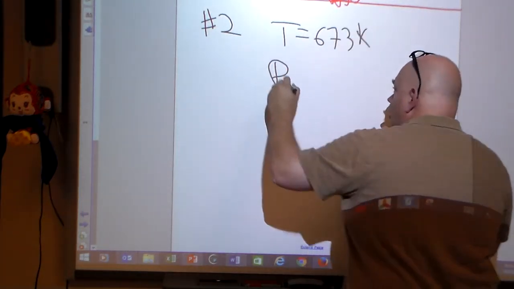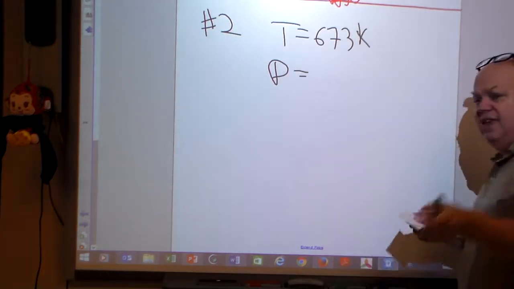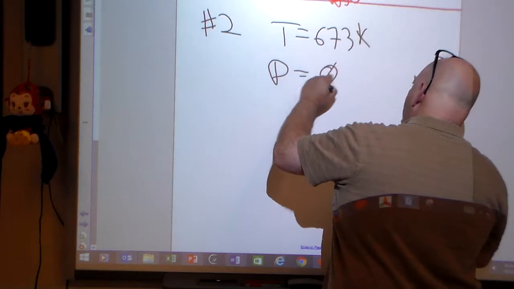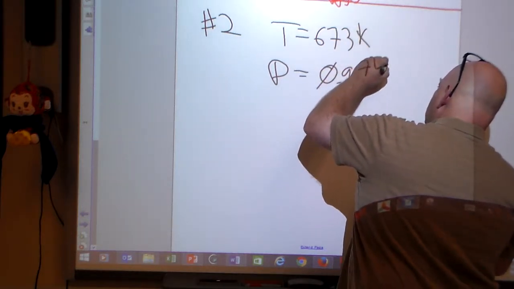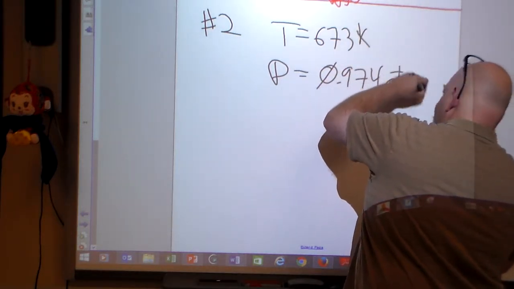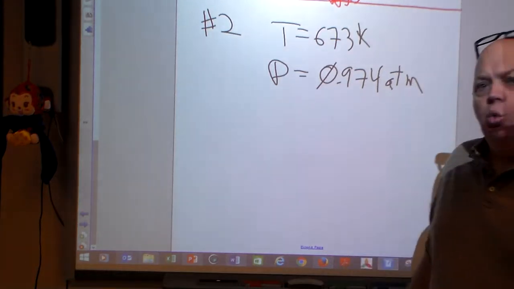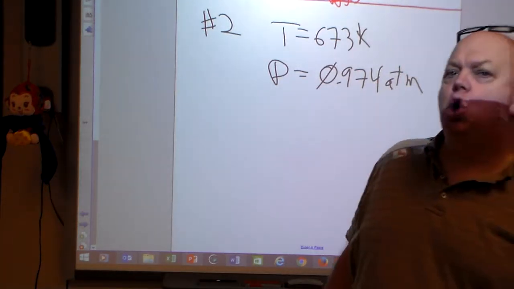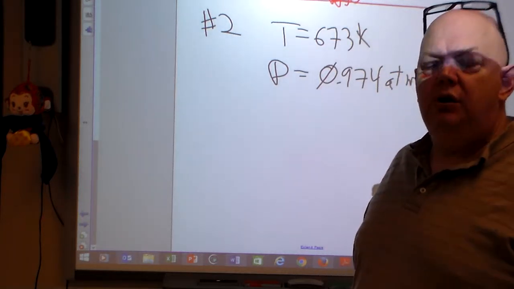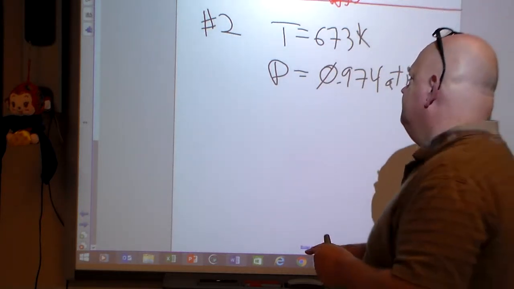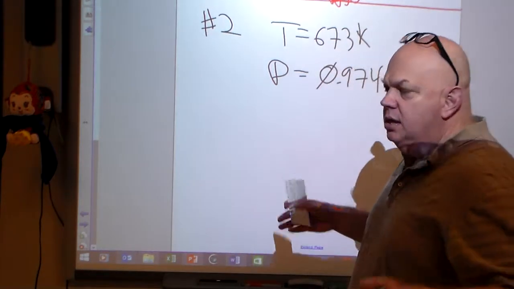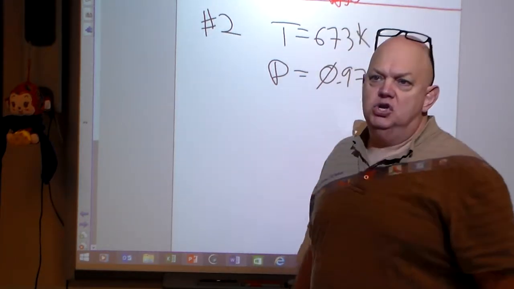Our pressure, because remember, we're going to have to take that 740 divided by 760, and it gives us 0.974 atmosphere. Now, do we have to go calculate the number of moles? No, we don't, because we already figured out the number of moles at STP, so the moles of gas isn't going to change.